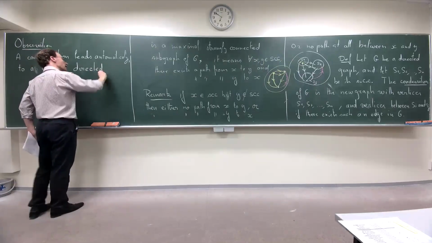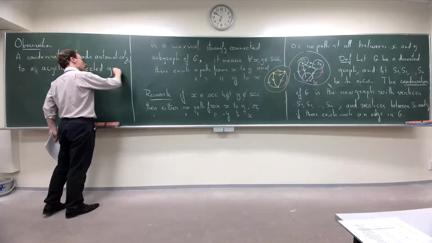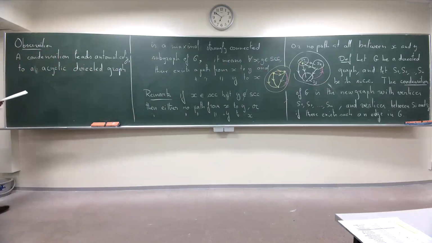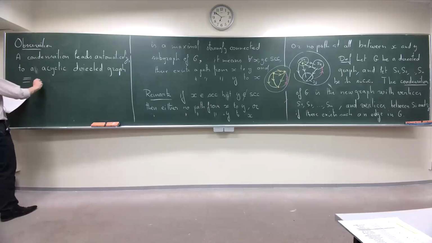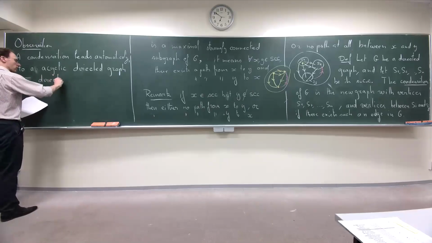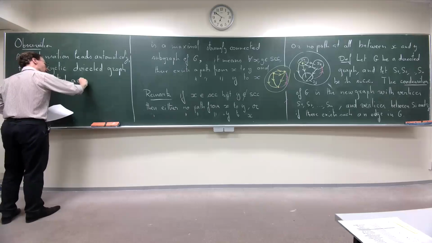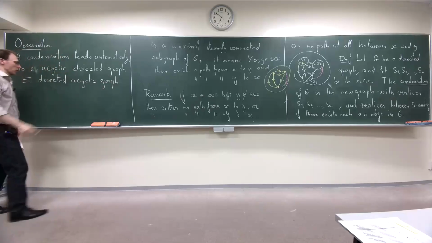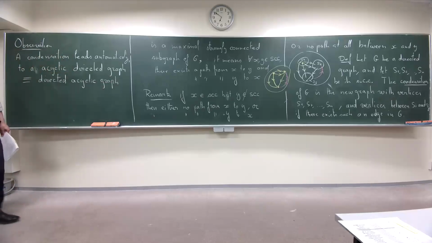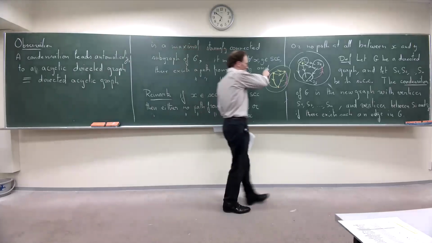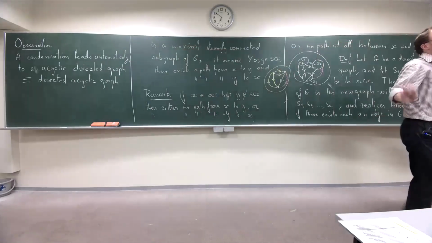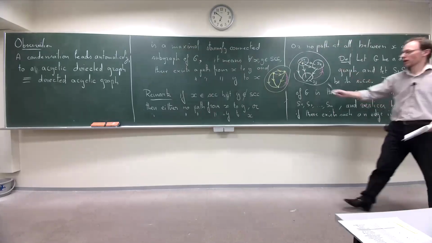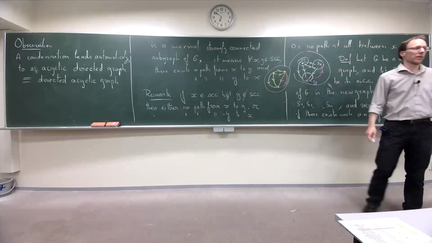Do you remember the name of such a graph? I gave quickly a name. It was called directed acyclic graph. But be careful. As an unoriented graph, of course, you have cycles, or you may have cycles, not always, but you may have. On the other hand, when you take the orientation into account, it's more or less like a tree.